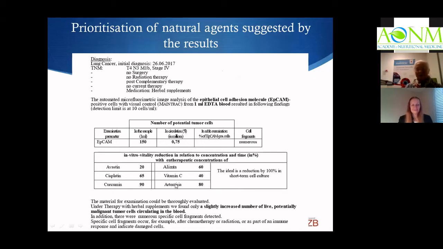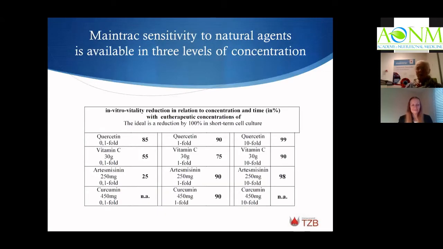And you can see here that the natural substances in this patient were better than the conventional substances. This is not rare. We can see this quite often, that a range of natural substances are more effective against the circulating tumor cells.